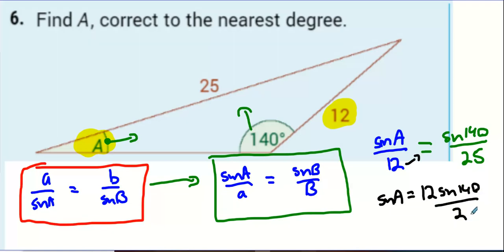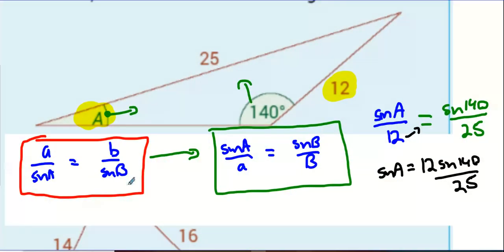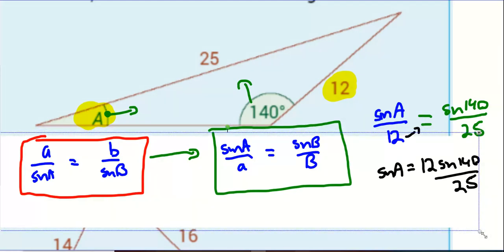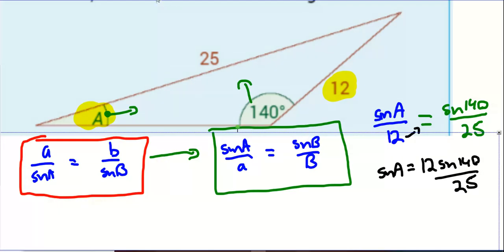Put all that into the calculator and see how we go. So I'll highlight the part you're going to put into the calculator. Just put this part here into the calculator and let me know what you get.